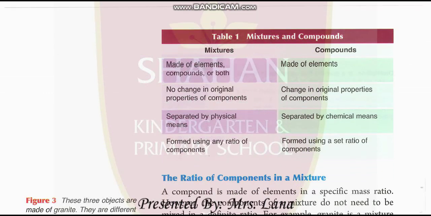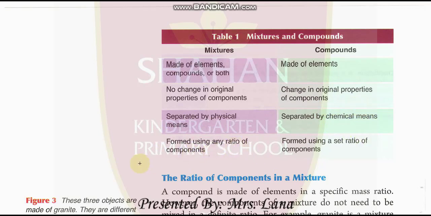And this table compares mixtures and compounds. It shows the difference between mixtures and compounds. Compounds are made of elements; mixtures are made of elements, compounds, or both. In a mixture there is no change in the original properties of the components, while in a compound there is a change in the original properties of the components. Mixtures are separated by physical means, while compounds are separated by chemical means.